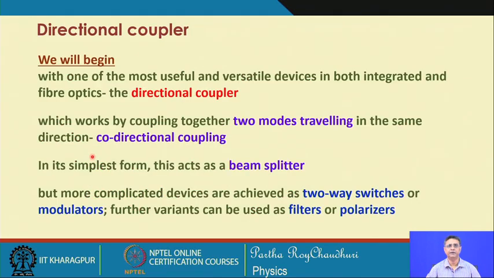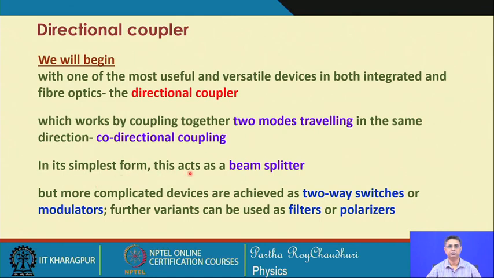So, now we will begin with the most useful and versatile device, which is very well known both in integrated and fiber optics, a directional coupler. The directional coupler works when the two modes of two individual waveguides are brought together, and both the modes are traveling in the same direction, then that is what we call the co-directional coupling.